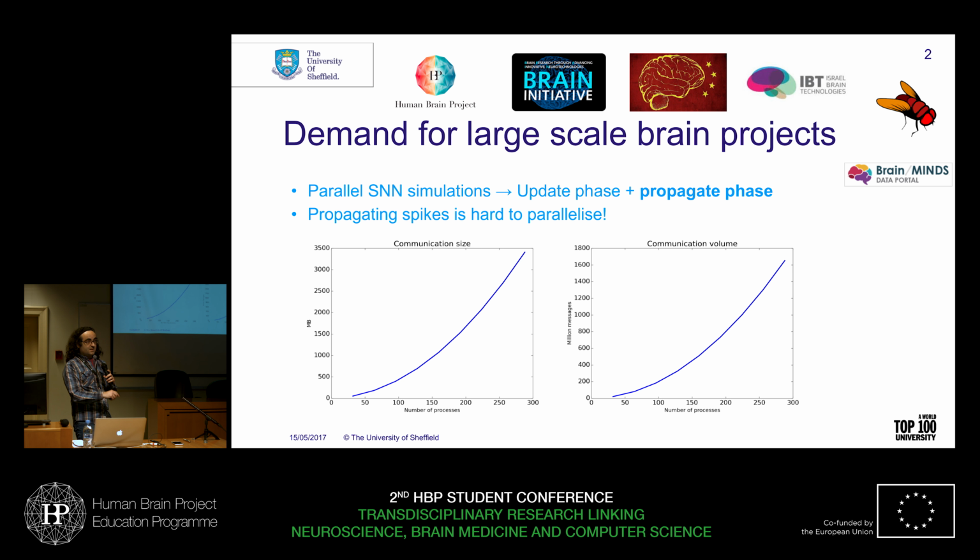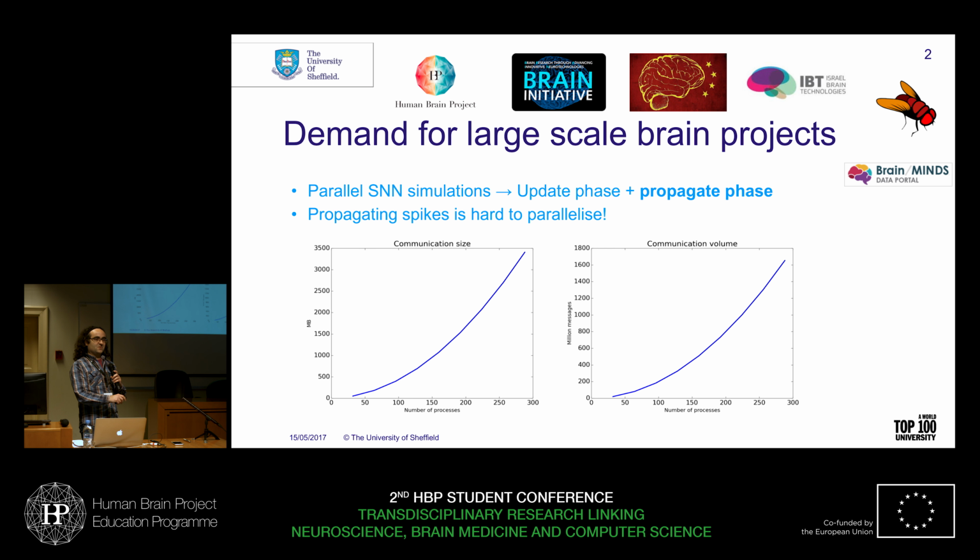Just like the sequential counterpart, parallel SNN simulations, as I'm going to call them from now on, have largely two phases. The update phase, where the state of synapses and neurons is updated based on the equations of the models, and the propagation phase. The update phase is fairly simple to parallelize because it follows the single instruction, multiple data model, but the propagation phase is a pain to do.